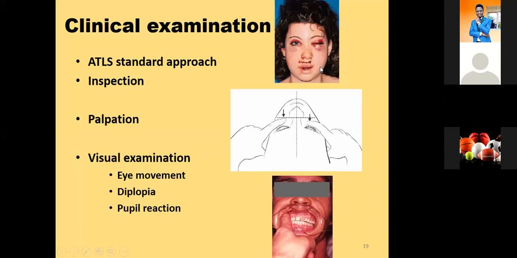They may or may not be able to open their mouth, but even if they are not able to, you may see some blood clots or blood stains around the lip or on the tongue. Then you know that there is also some evidence of trauma intraorally.